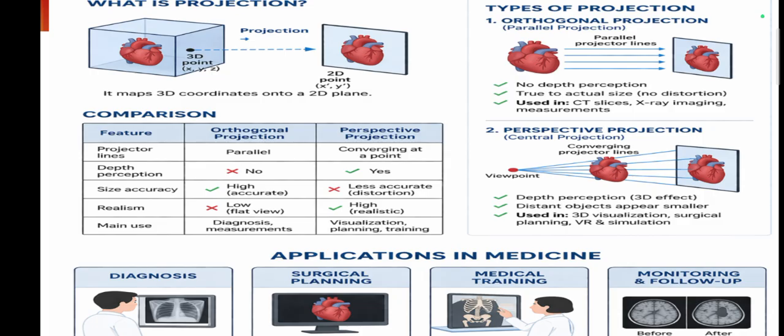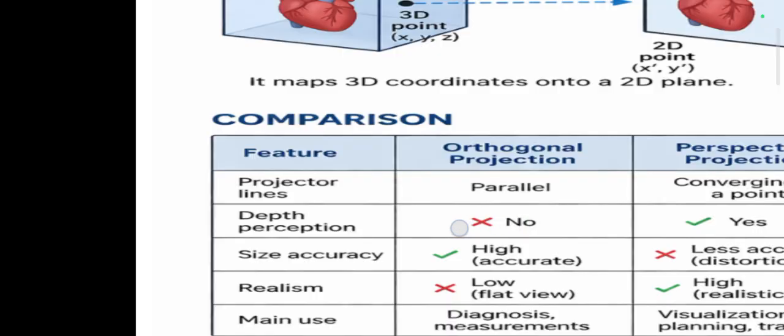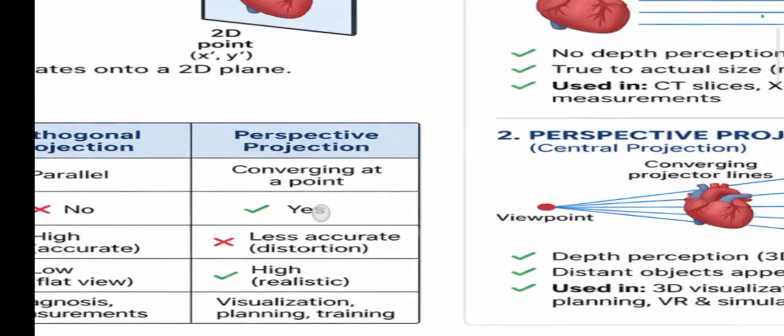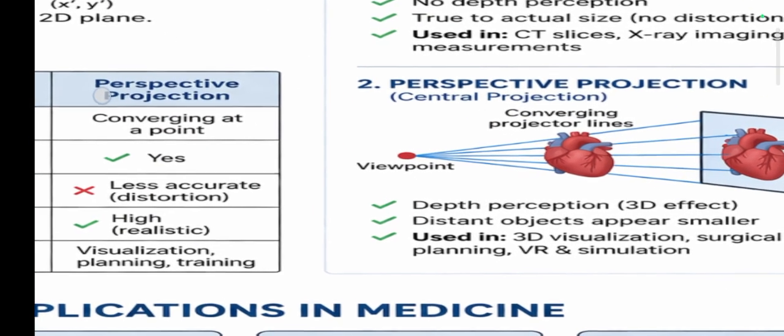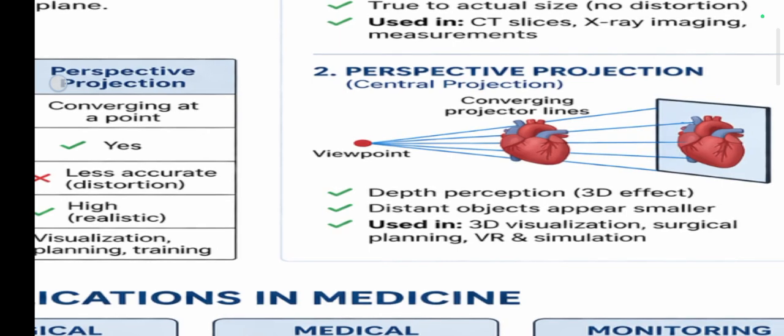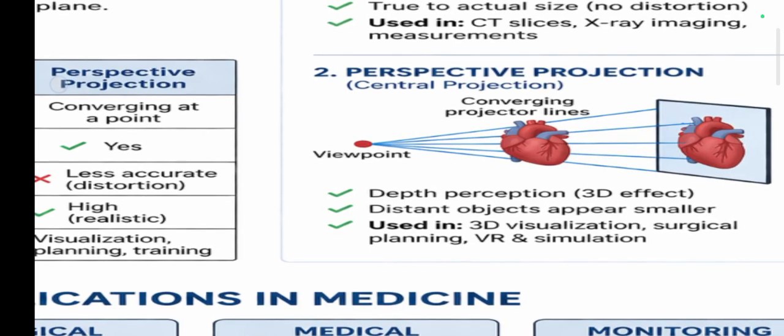But perspective projection is called central projection, or converging projection. It starts from one viewpoint, and the projector lines are connected from that viewpoint. It gives depth perception; the 3D effect is there, and it is used in 3D visualization.